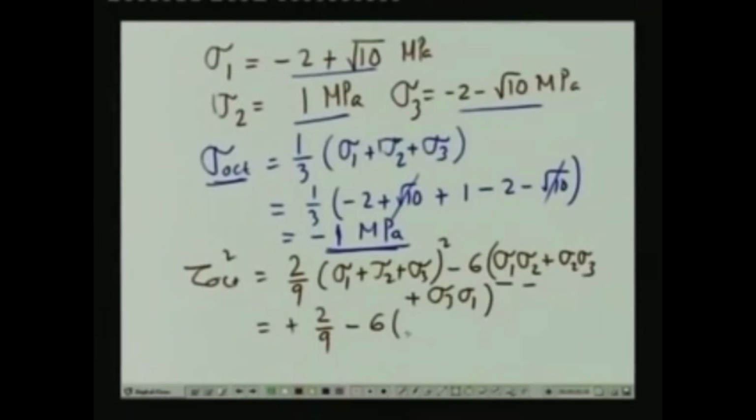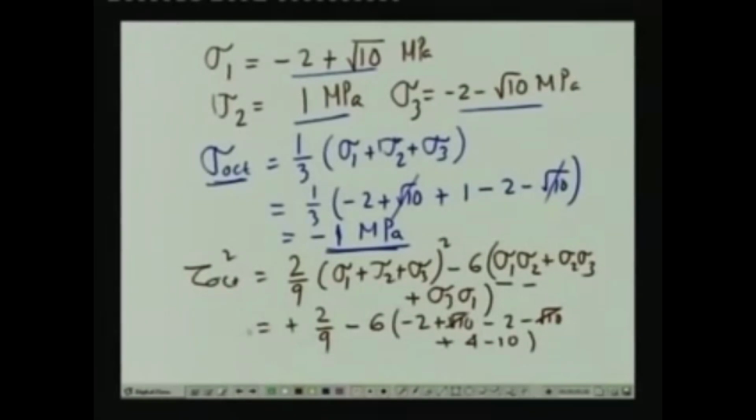Sigma 1 sigma 2 is minus 2 plus root 10, sigma 2 sigma 3 is minus 2 minus root 10, and sigma 1 sigma 3 is 4 minus 10, which gives minus 10.